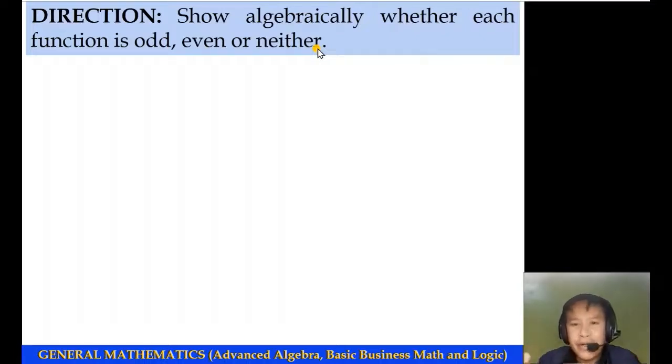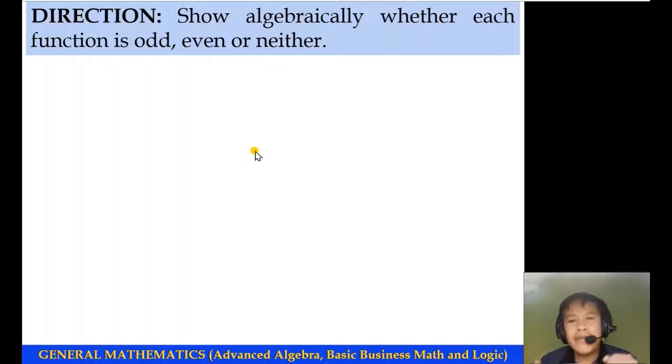If the result gives you the negative of that particular function, we can say that the function is odd. But if the result is the same as the original function after substituting negative x, we can say that the function is even.